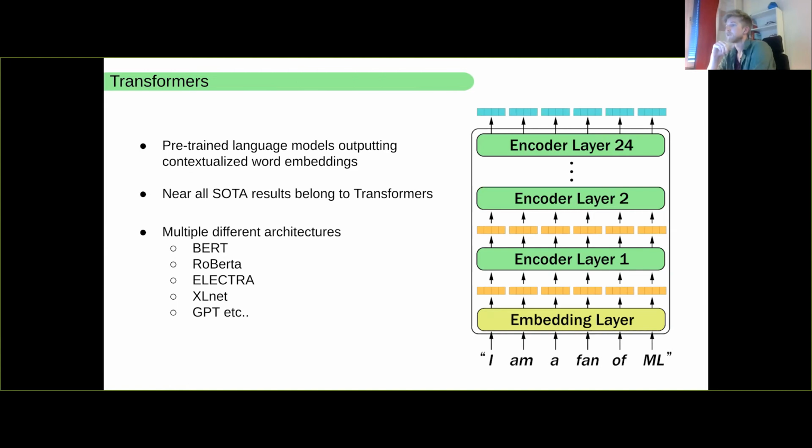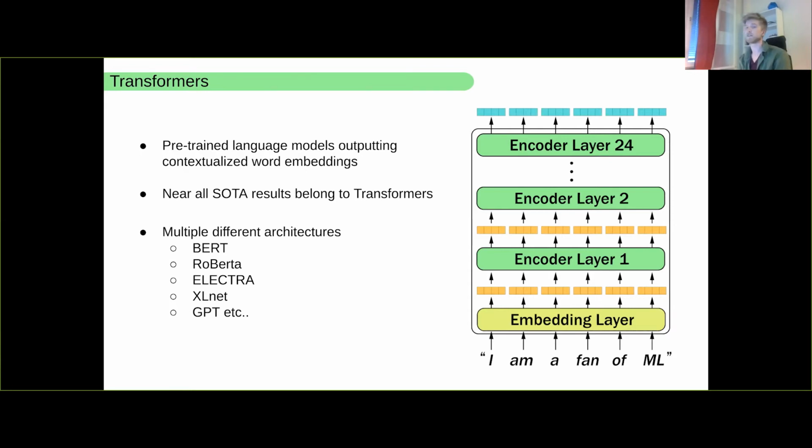And then, of course, everything changed. In late 2017 and up until now, we have been bombarded with different transformer architectures. For those of you who are not familiar with transformers, they are in essence huge language models, pre-trained on only modeling the distribution of language.